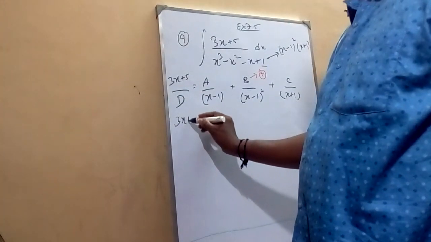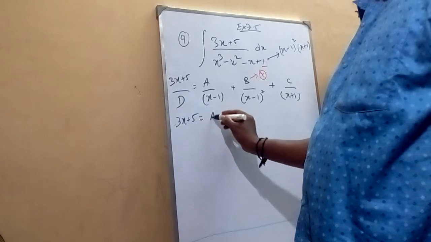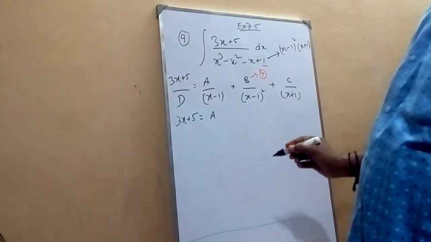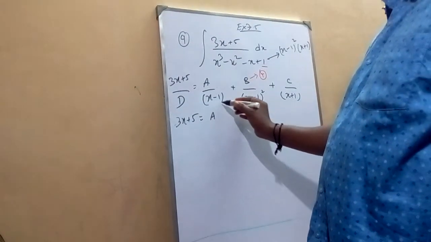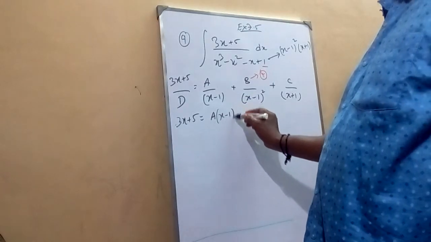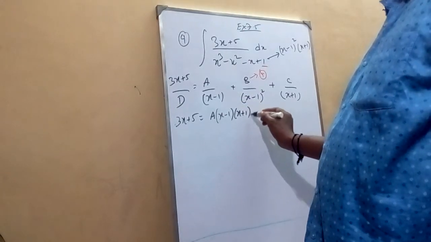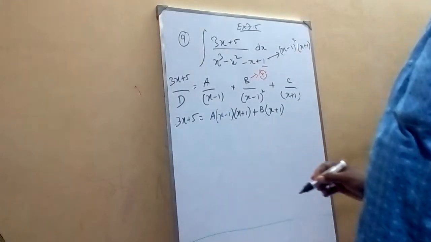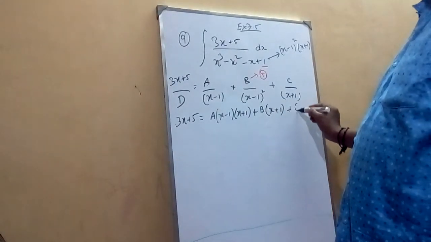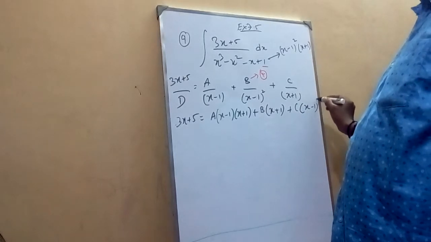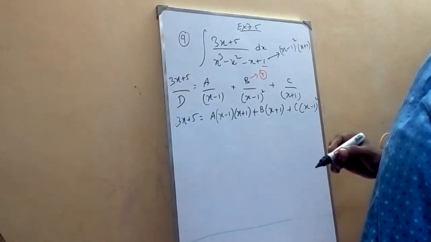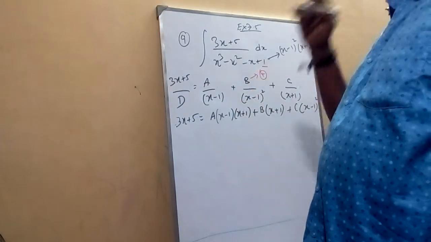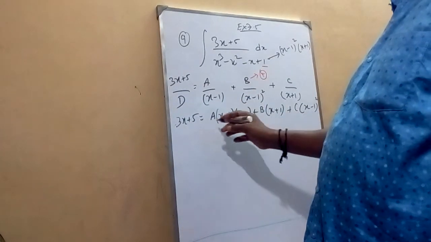3x plus 5, I am doing by another method. A into what? A into x minus 1, so it is a into x minus 1 into x plus 1, plus b into x plus 1, plus c into x minus 1 the whole square. Now, what to do with this here?